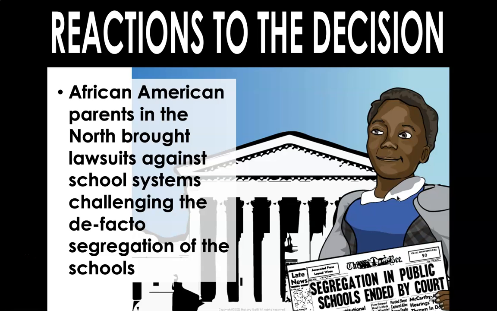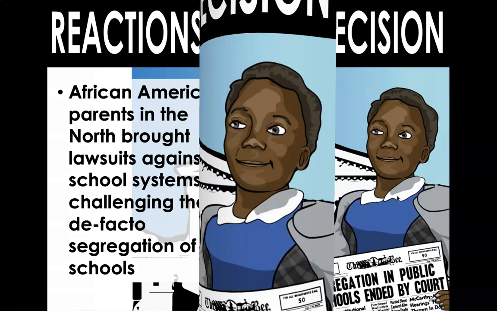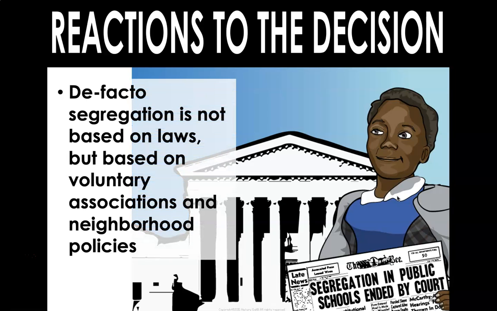So, again, reactions to the decision. African American parents in the North brought lawsuits against school systems, challenging the de facto segregation of schools. De facto segregation is not based on laws, but based on voluntary associations and neighborhood policies. So it kind of goes back to zoning in a way.